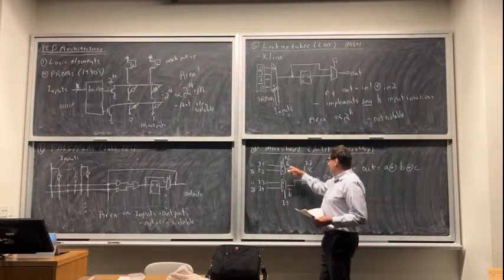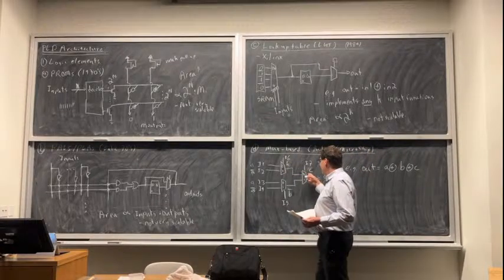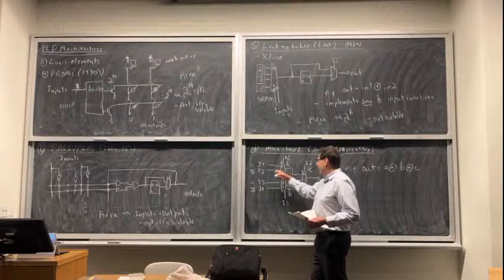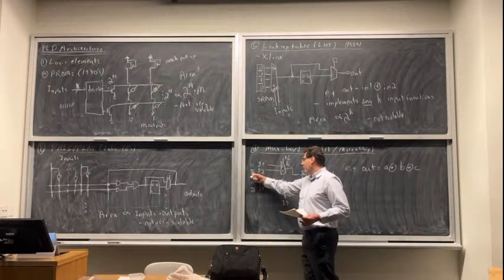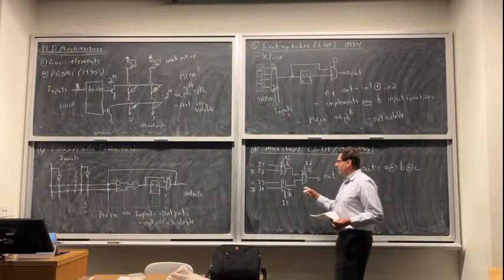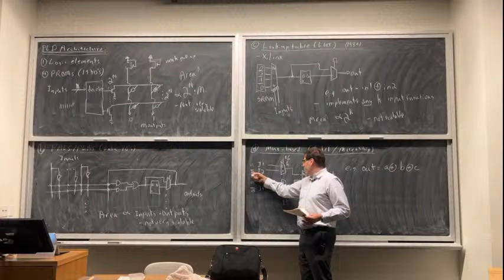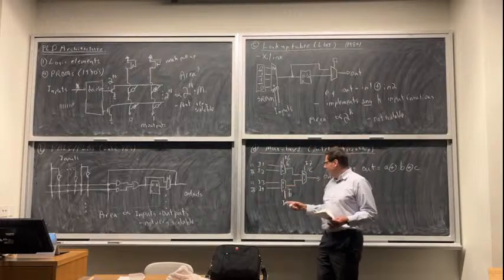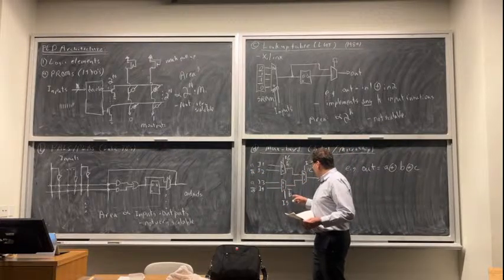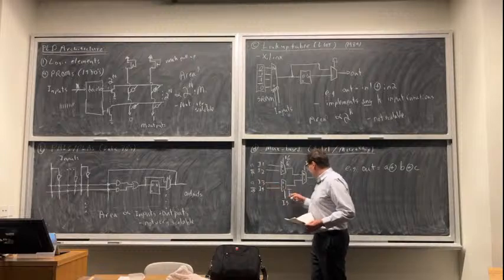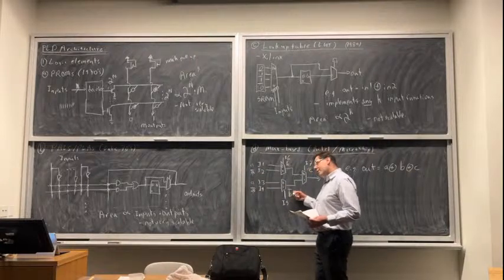Let's say B was 1 and C is 0, then I'm going to get this path. If A is also 1, then I will get a 0. If A is 0, I will get a 1. So that looks good. And if I go through this one, I think it's going to work too. If B is 1, I'll get this path.